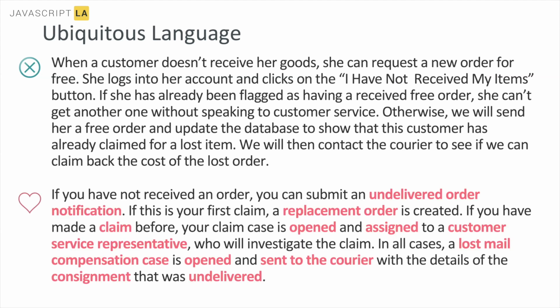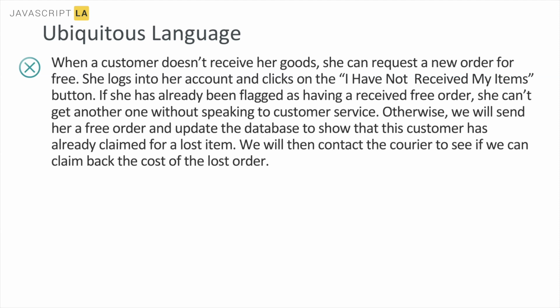That example is good, but there are a lot of things tied to implementation, like the "I have not received my items" button. What happens if that button name changes? On the other side too, there's a lot of imprecise language. One person writes this, say the product person, and then suddenly the developer is reading this, and they might have a different interpretation of what's happening here.